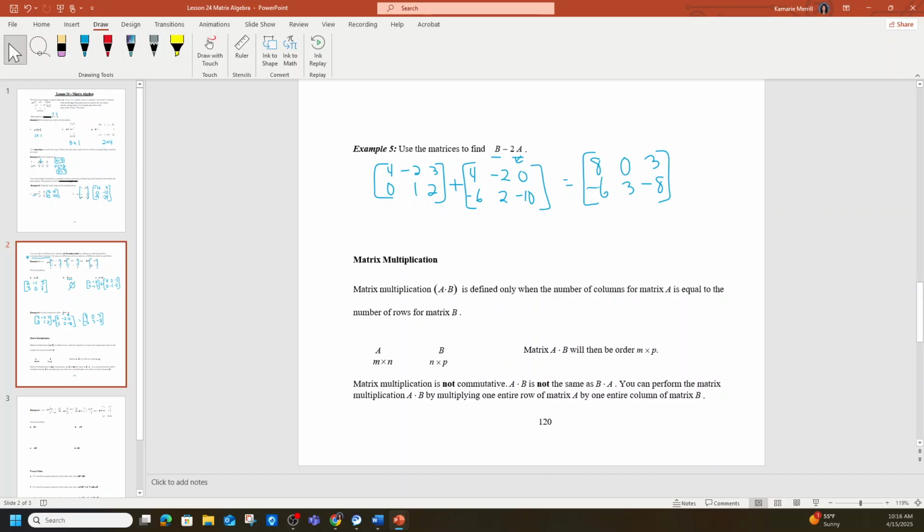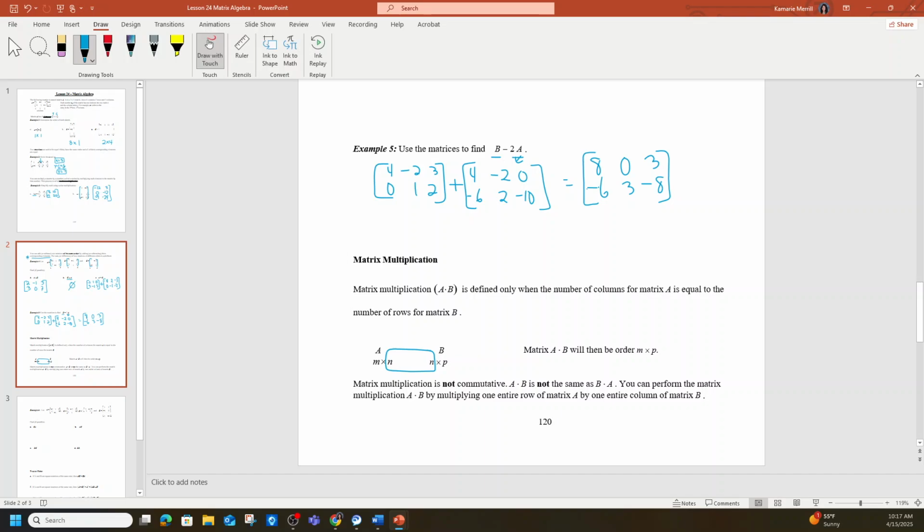You have to make sure that the number of columns of matrix A has to match the number of rows of matrix B for these to work out. So I essentially see if I can do it by seeing if my columns and rows work out.